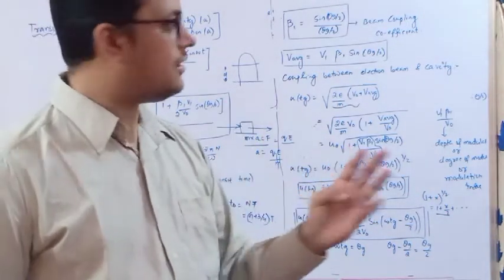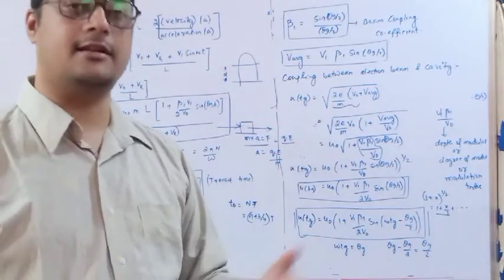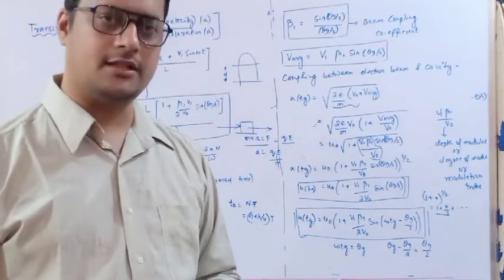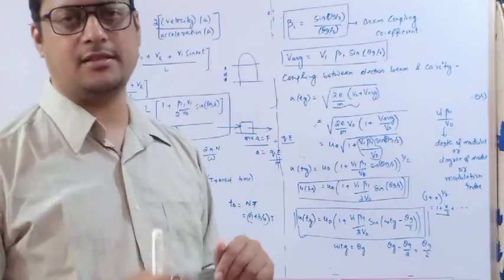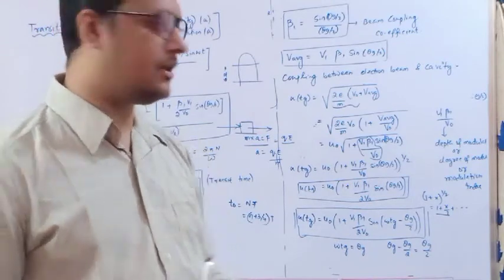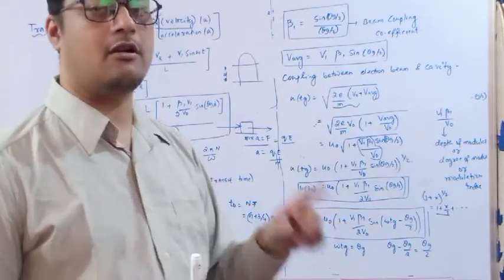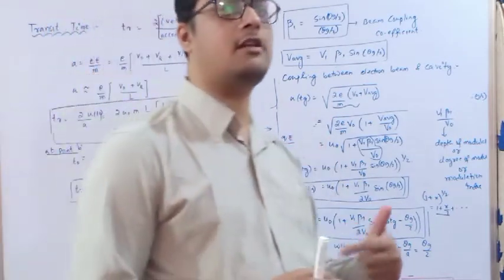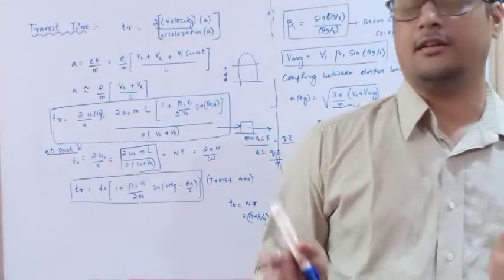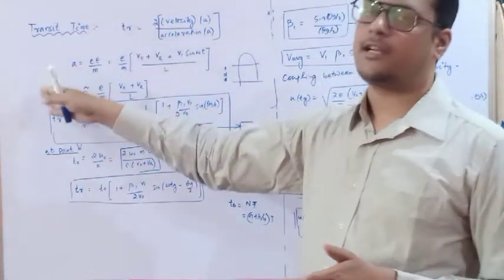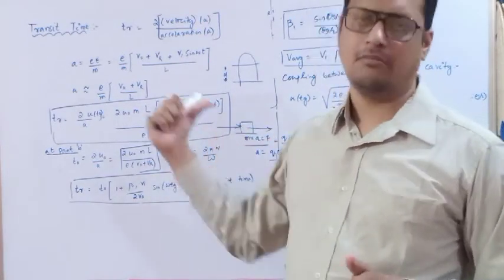We have seen the velocity modulated signal: how the velocity modulation happens, what potentials come into the picture, and how we have calculated the velocity modulation of the electrons for a certain potential. Similarly, transit time also comes into the picture with respect to this velocity modulation.